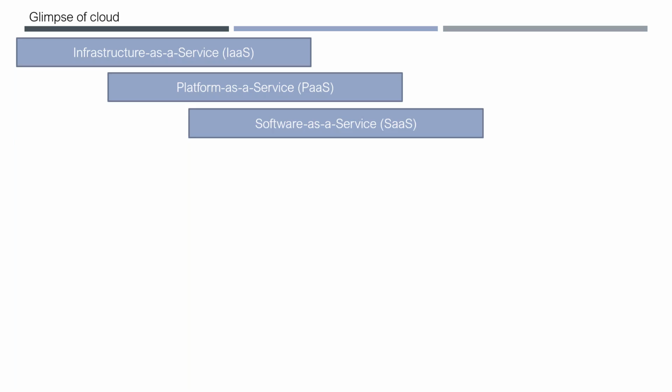I'm not running anything on their platform, so it's not platform as a service. I'm just using their API, integrating with my application, and using the maps. This is called software as a service. You are just using their features in your systems. So it can be a software, it can be an API, it can be anything, where you are using their features but not using their platform. So this is software as a service.